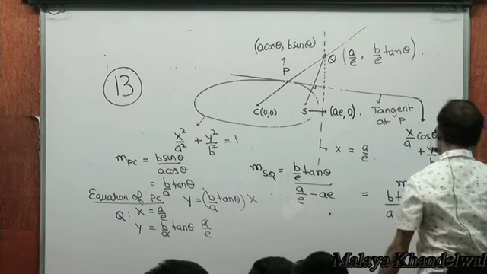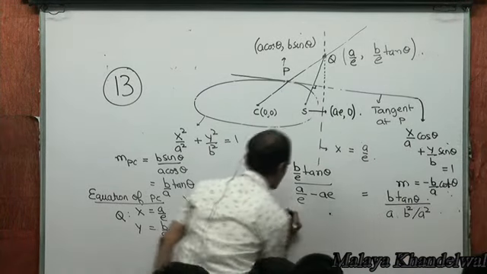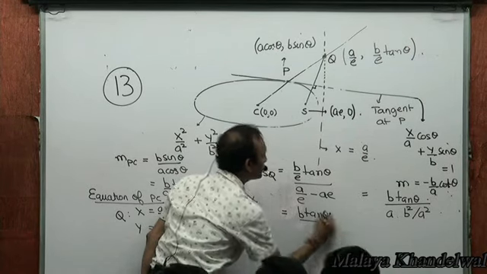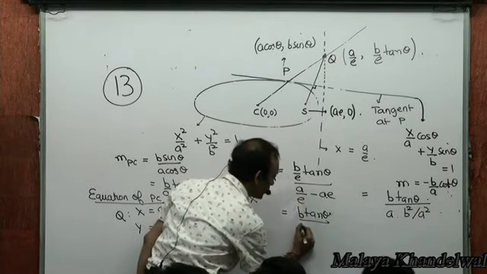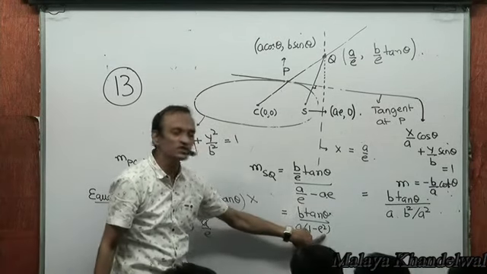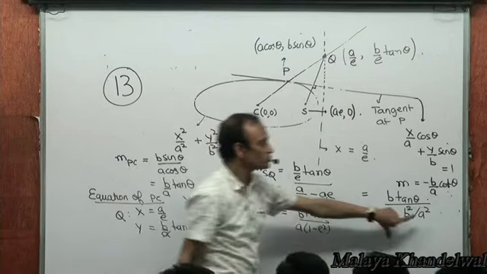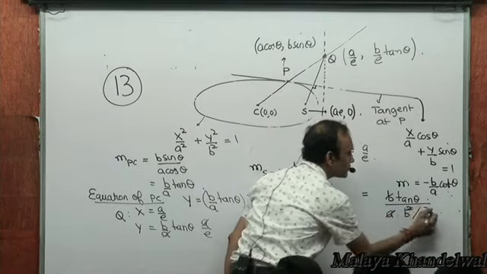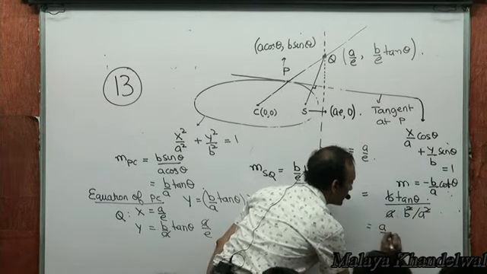I'll repeat. This is b tan theta divided by e going here, a into 1 minus e squared. But 1 minus e squared is b square by a square, right? This will get cancelled, which is a by b tan theta.